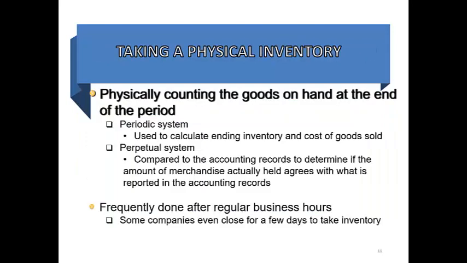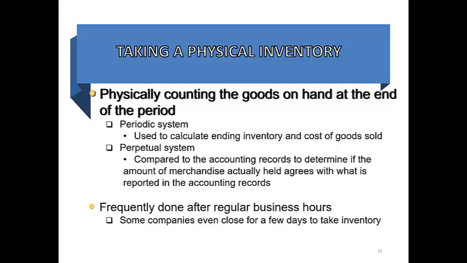Now, under both systems, the periodic and the perpetual, it's important that we take a physical inventory. It's really important under the periodic system because we need to find out the ending inventory. We cannot calculate cost of goods sold and net income if we don't have the ending inventory under the periodic system.